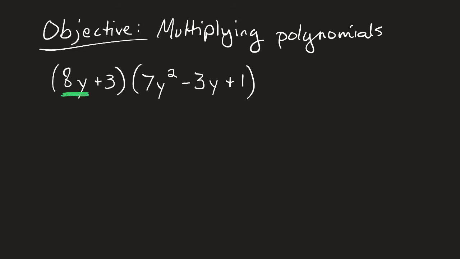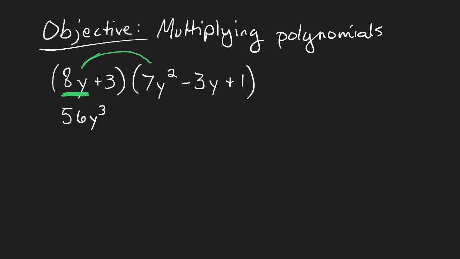And so we're going to do 8y times 7y squared. And so y times y squared is y cubed because we have 3 y's. And 8 times 7 is 56. So we have 56y cubed from that first thing we distributed.